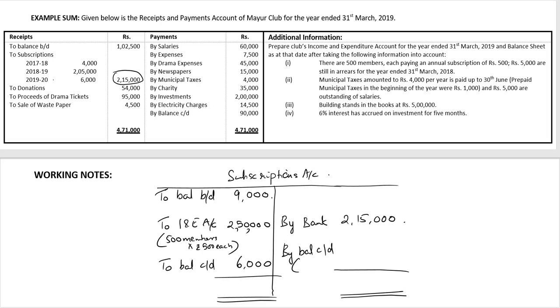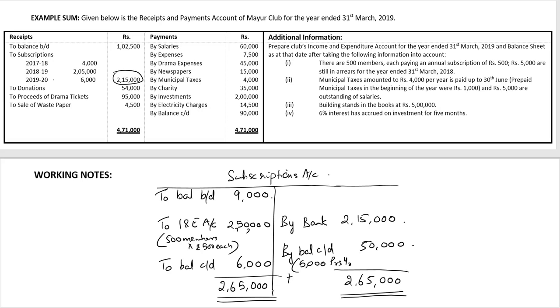Out of the total, we know that 5,000 pertains to the previous year. So on totaling, we get subscription debit side total as 2,65,000. And the balancing figure is, after subtracting 2,15,000, we get 50,000 rupees as the closing outstanding subscription.